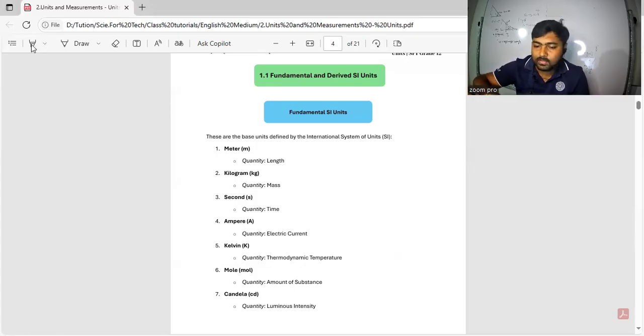Then there is something called derived SI units. Derived SI units are formed by a combination of one or more than one unit.